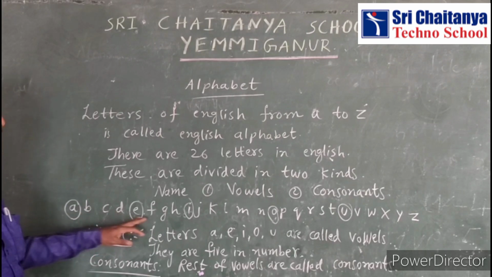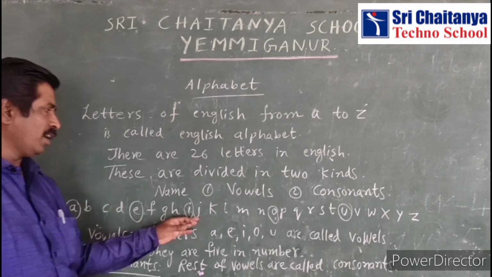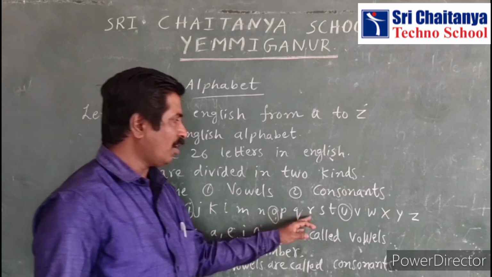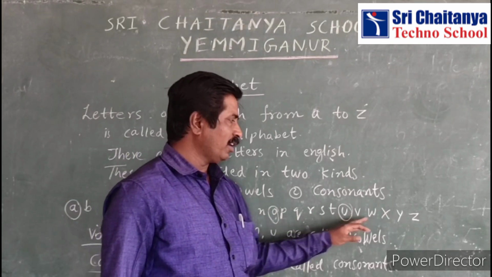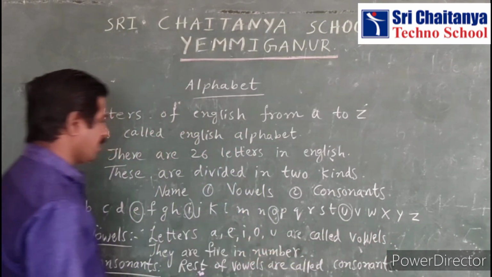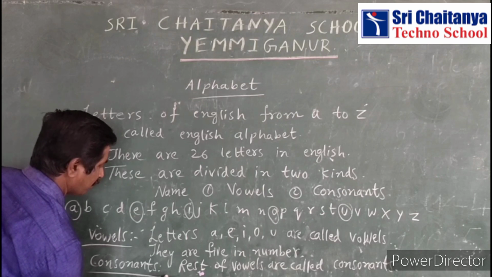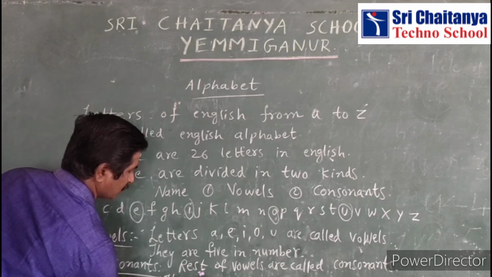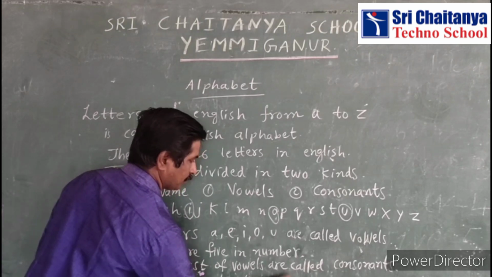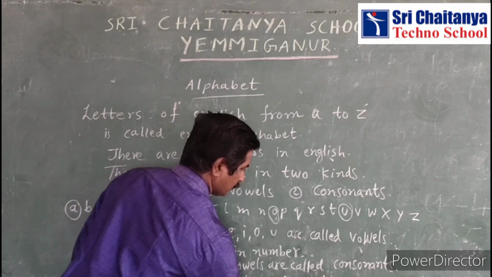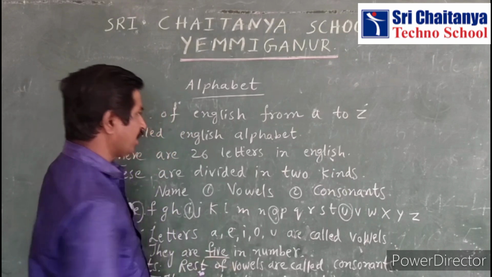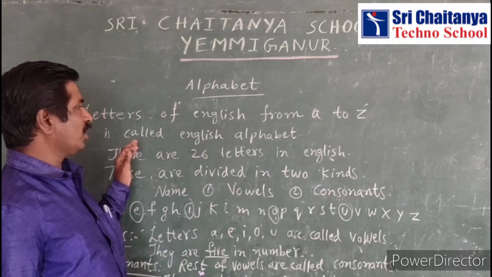B, C, D, F, G, H, J, K, L, M, N, P, Q, R, S, T, V, W, X, Y, Z. They are called consonants. How many are they in number? They are 21 in number. So 21 plus 5 together, how many letters of English do you get? 26 letters.